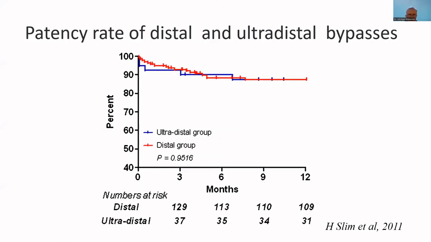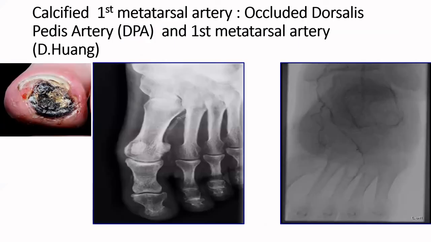This is one of the figures from the paper, and you can see that the patency rate of the distal and the ultra-distal bypasses, you see here blue and red, was similar at 1 year, 87%. So these ultra-distal bypasses to the foot can be successful.